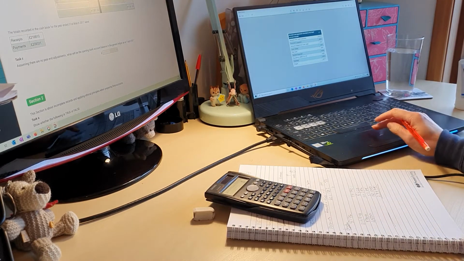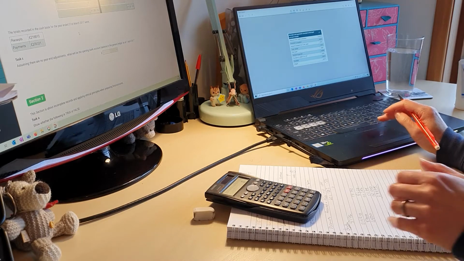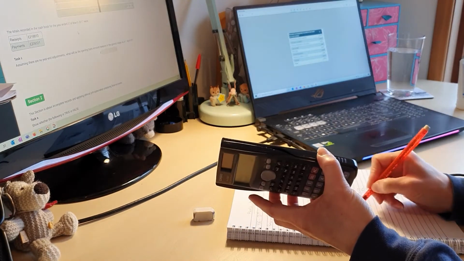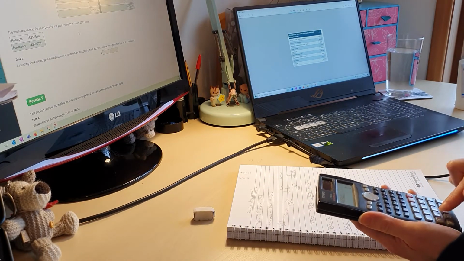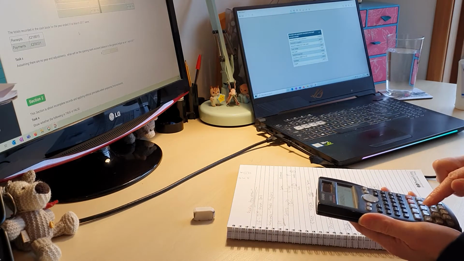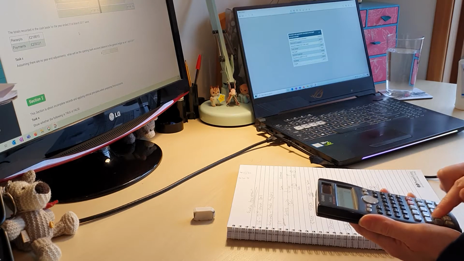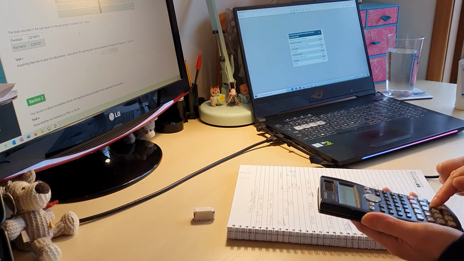The totals recorded in the cash book for the year end. So we've got 98542, 8460 plus 40386 plus 5468.